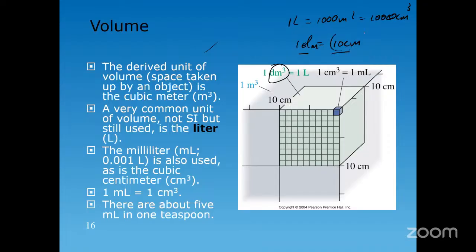Now, if you were to cube this and cube this, you're going to end up with 1 decimeter cube, which is a result of cubing this, will be equal to 1,000 centimeters cubed, which is the result of cubing 10 centimeters, right? So basically, 1 decimeter cube would be equal to 1,000 centimeters cubed, which is equal to 1,000 milliliters, which is also equal to 1 liter. So therefore, we can say that 1 decimeter cube is equal to 1 liter.